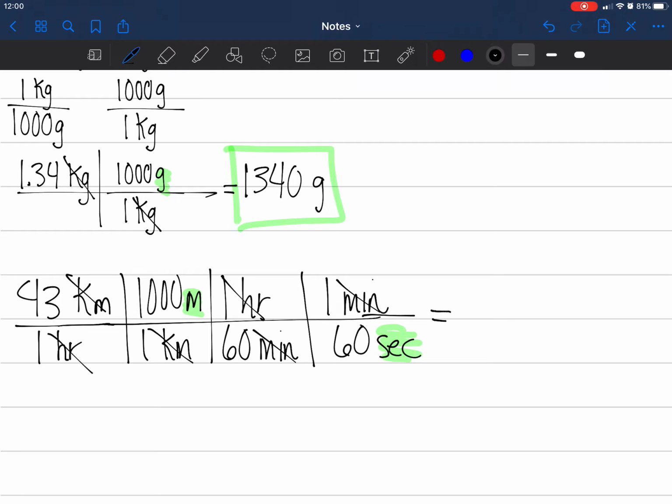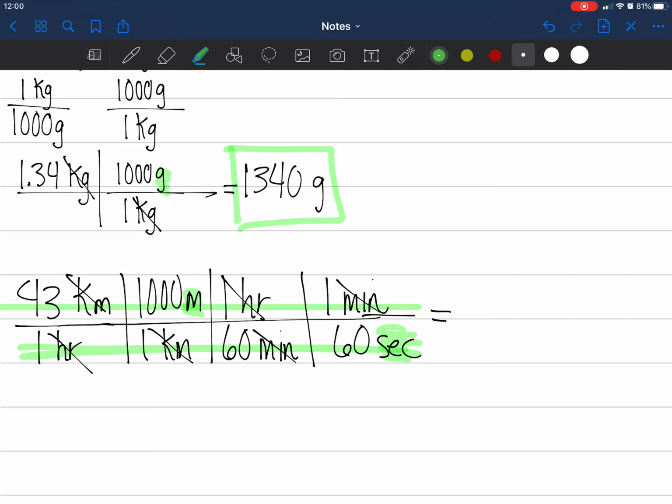When you do the math, you're going to multiply across, let's do it with the highlighter, and then divide that number by whatever the multiplied number is on the bottom. So I'm going to multiply 43 times 1,000 times 1 times 1.